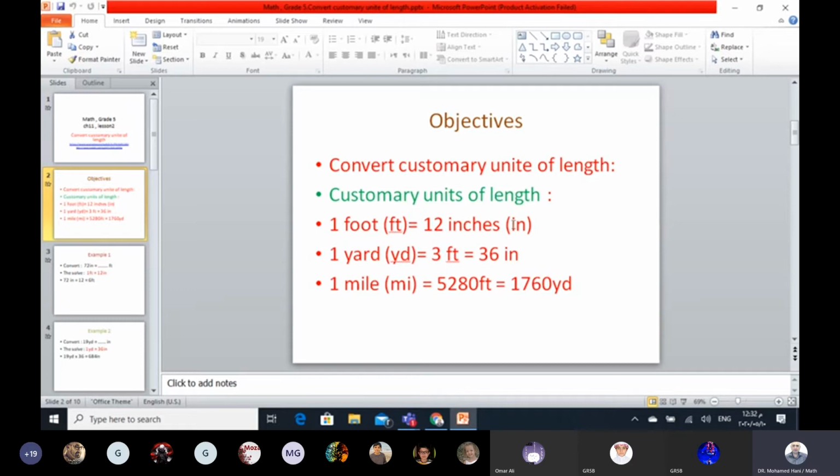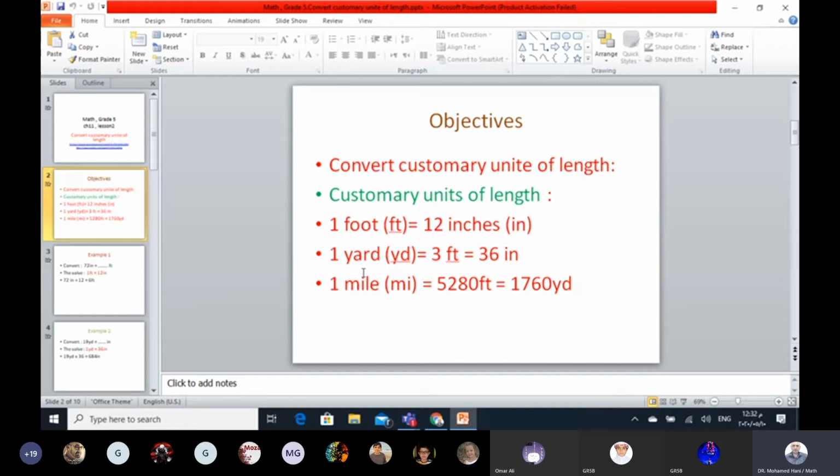And when you see in, it means we have inches. Here, it is very important to keep this rule and to memorize it every day. Each 1 foot equals 12 inches.